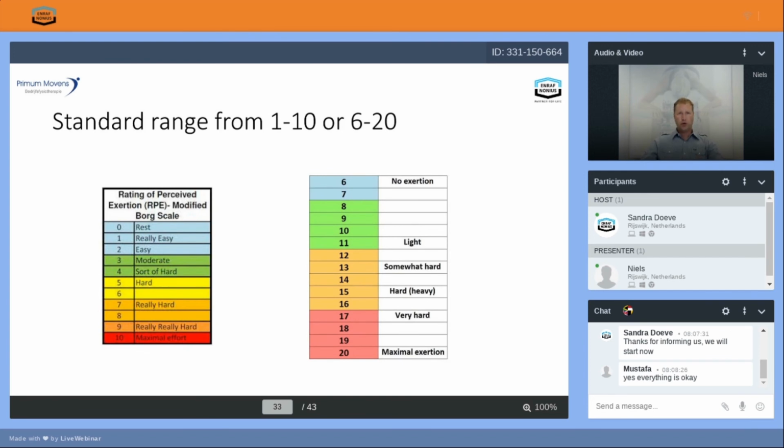There are two Borg scales. You have a 0 to 10 scale, and this is actually the original scale that goes from 6 to 20. And the reason why they have two different scales is that the original scale said we don't want a 0 to 10 line because everybody is quite common with 0 to 10 scales, and they are prejudiced by those scales and the experience that they have with 10-point scales from the past.